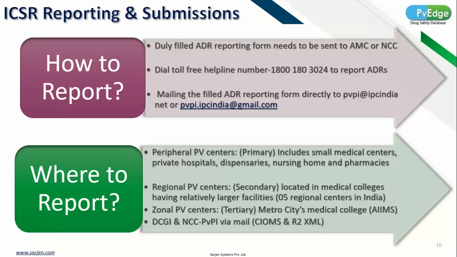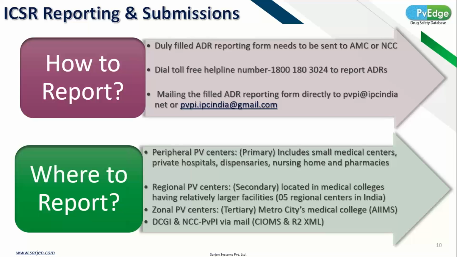I have already explained the structure, how the regional, national and zonal centers work. So there are several centers in place. Peripheral centers include the small medical centers and private hospitals, and they help the NCC PvPI to collect and analyze the ADR safety data. The regional PV centers are the secondary centers, like medical colleges having relatively larger facilities.